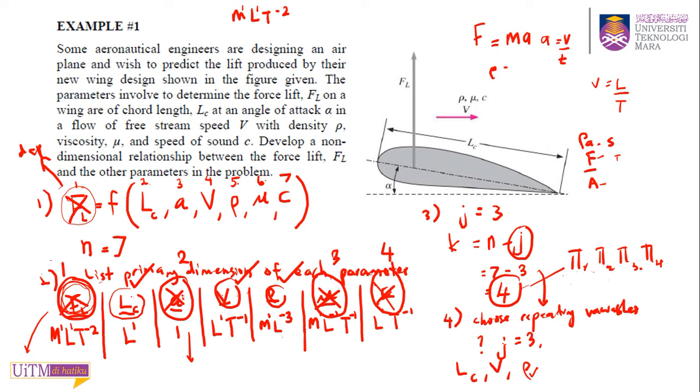So for pi 2, you will write alpha, again the repeating variables, so you have V, okay, so V will be A2, earlier A1 is done, V, and then L, L C, so B2, and rho C2.